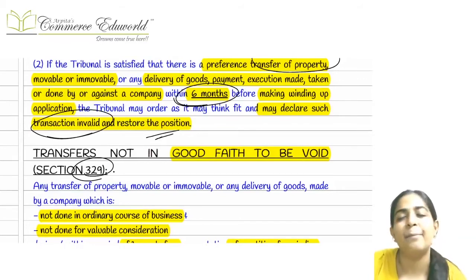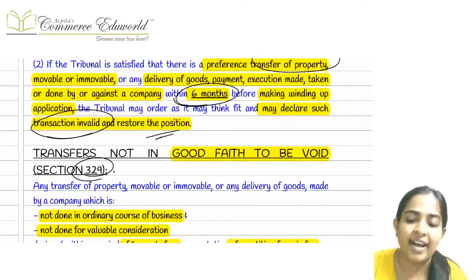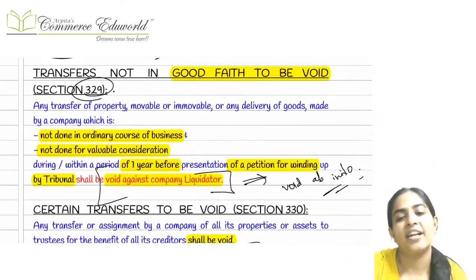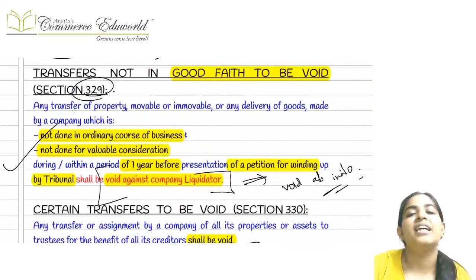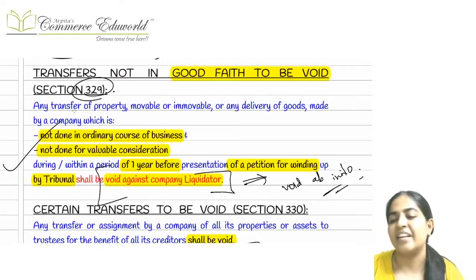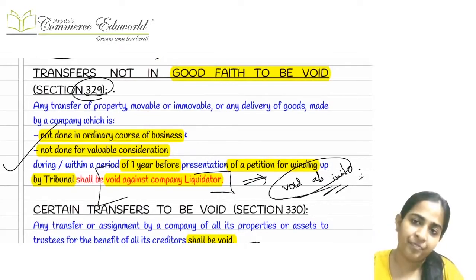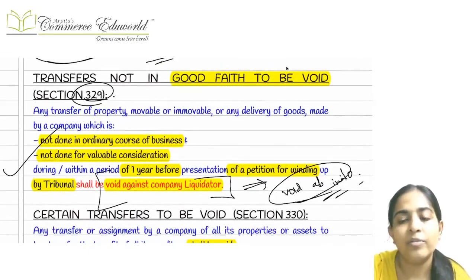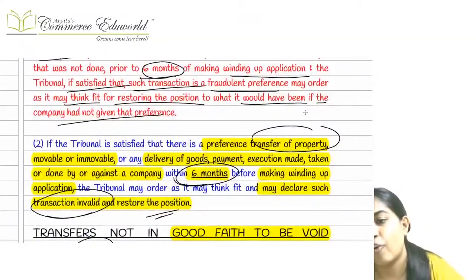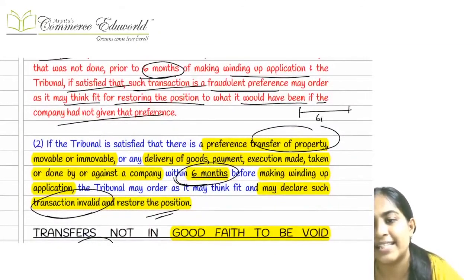The tribunal will simply declare the transaction as invalid, and once the tribunal declares the transaction as invalid, then even the company liquidator treats that transaction as void. Okay. Now the powers with the tribunal are there for all the transactions which were done during the last 6 months.